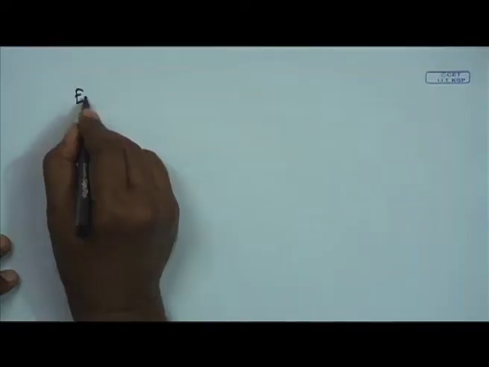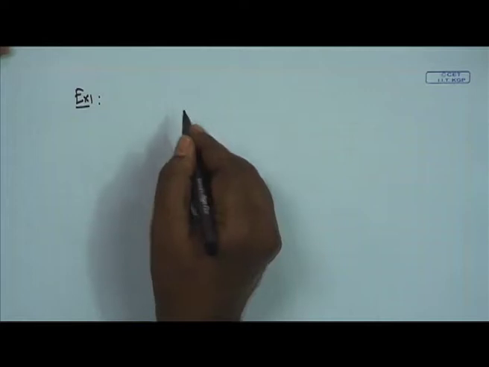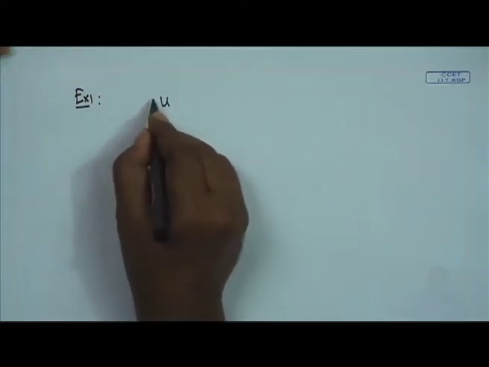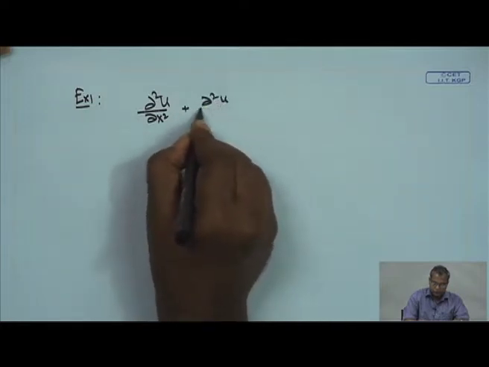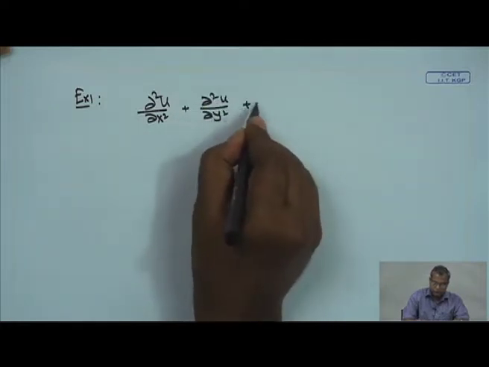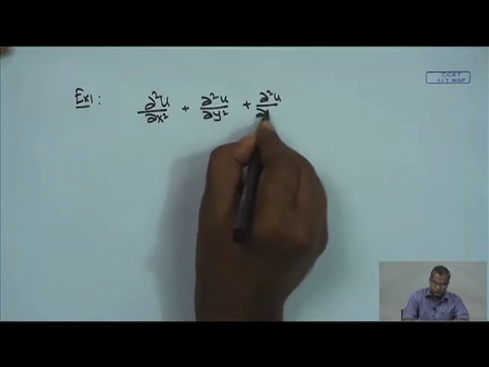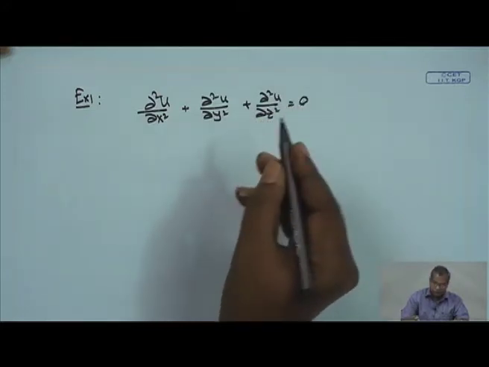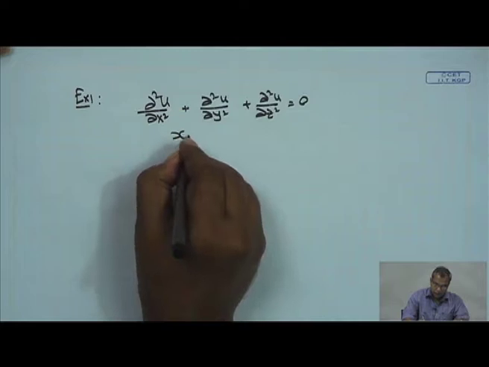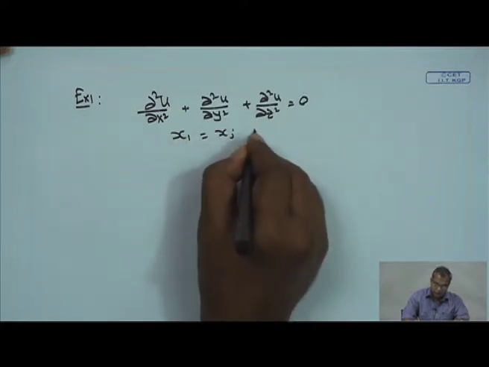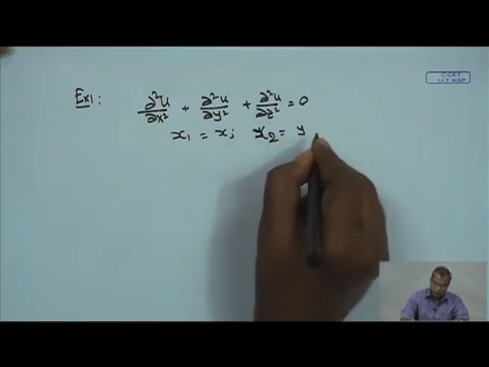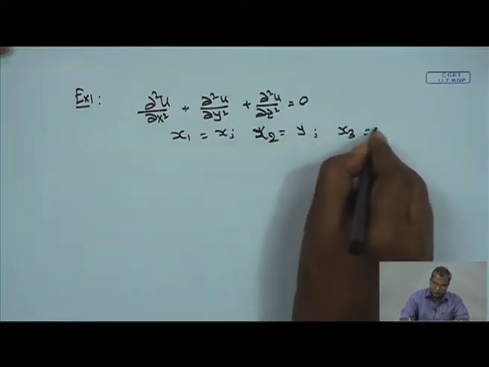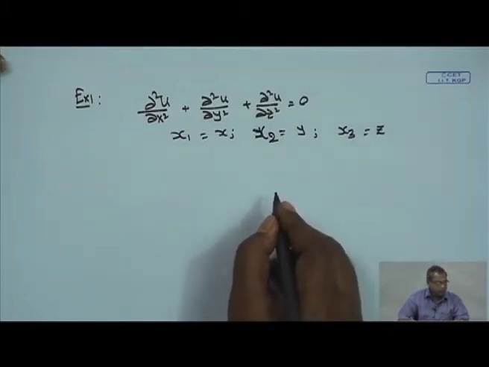So, the first example I will be taking will be an equation like del square u del x square plus del square u del y square plus del square u del z square is equal to 0. So, in this problem, x1 is basically x, x2 is basically y, and x3 is basically z in the nomenclature that we have utilized earlier.